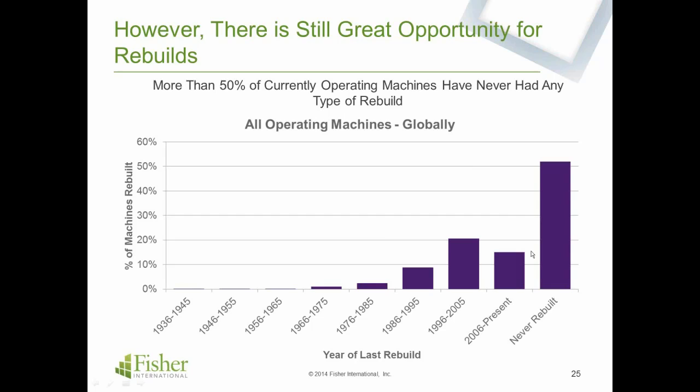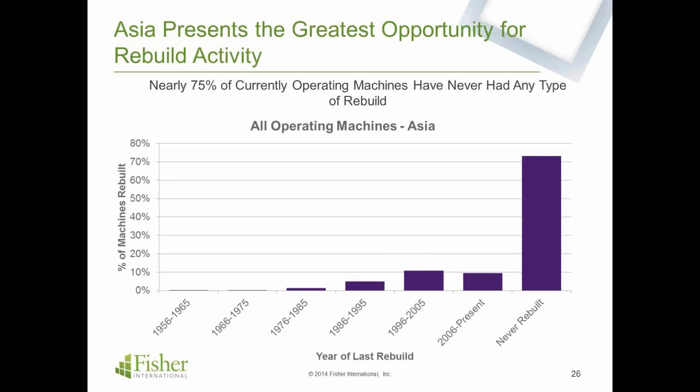It just means that they haven't had something done that meets the definition of a rebuild for us, no major upgrade to some section of the machine. So more than 50% of the machines in the world have never been rebuilt. And if we look at Asia, that's even a more significant number. 3/4 of the machines in Asia have never had any kind of rebuild performed on them.